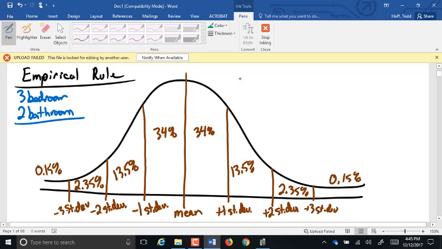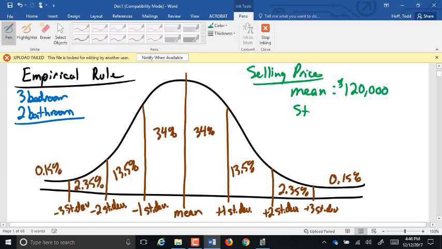You look at the area where you want to buy this home, and you look up over the last several years, the average, the mean selling price of a 3-bedroom, 2-bathroom home is $120,000 with a standard deviation of $25,000.